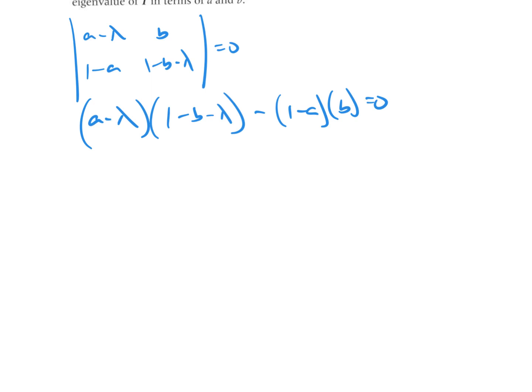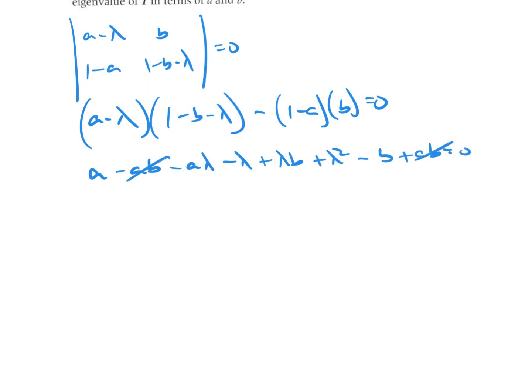And I'm going to work through it. So I get a minus ab minus a lambda and minus lambda plus lambda b plus lambda squared minus b plus ab equals 0.